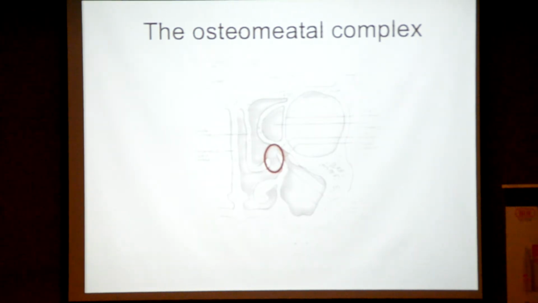It's the osteomeatal complex, and it's here. Frontal sinus, ethmoid sinus, maxillary sinus. It drains to a very narrow place. It doesn't drain through a straight route. So for example, the maxillary sinus: the mucus here has to go all the way up, climbing Mount Everest, all the way up to this narrowing, and then come down here, and then go down, and then come up.